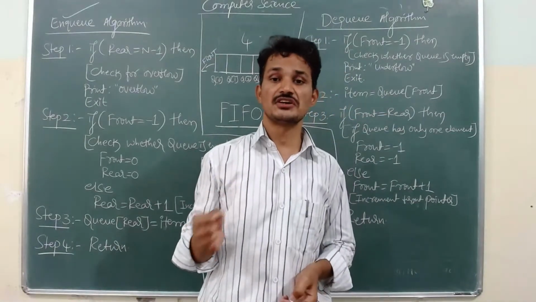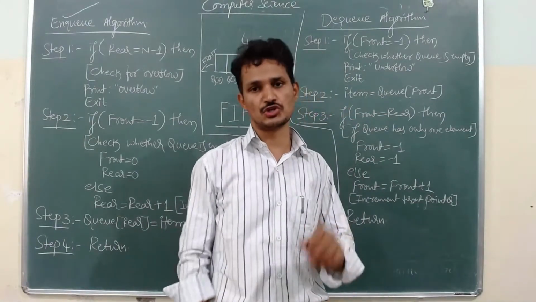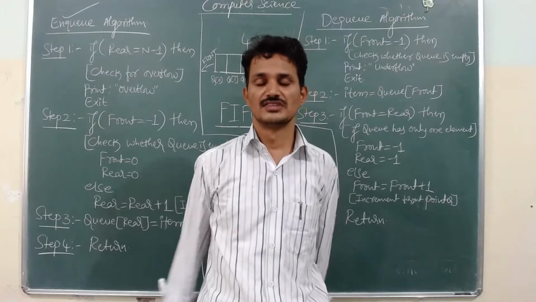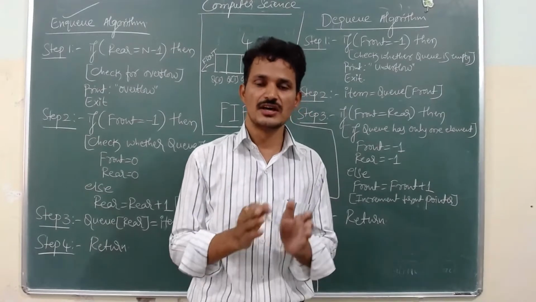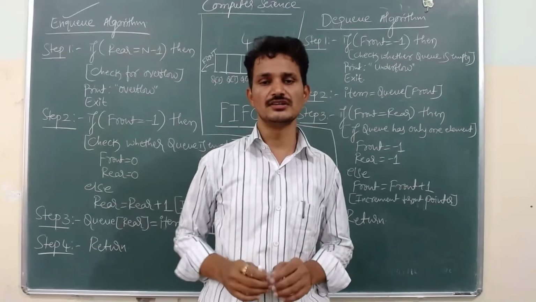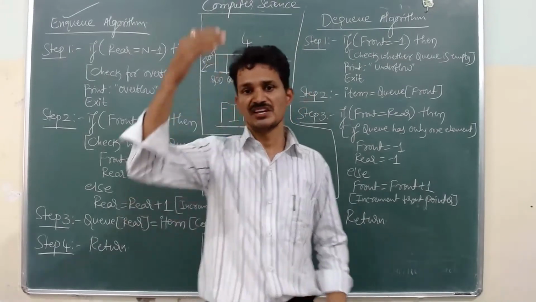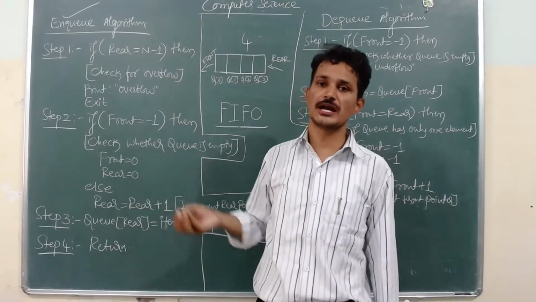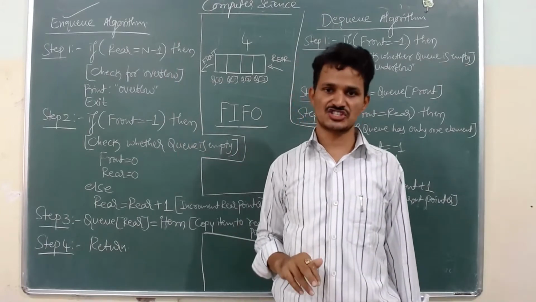That function returns the number of items in the queue data structure. These are the operations which are possible on a queue data structure.